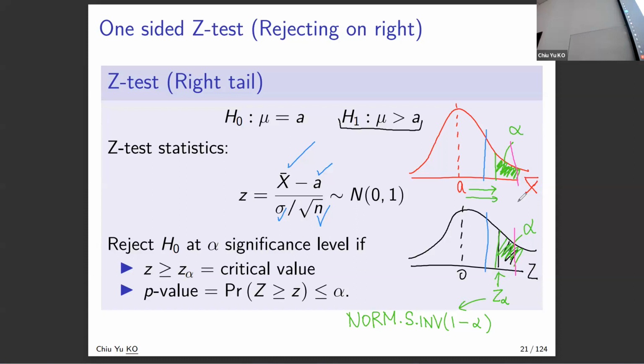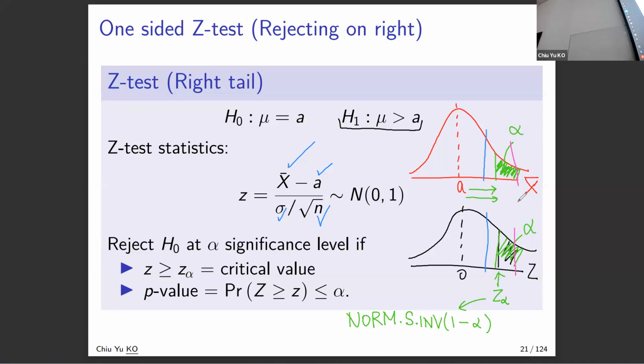Now, the next one is called the p-value. The p-value idea is very simple. Suppose the blue is your data. You can change the alpha, move around the alpha, such that this is just reject, in the case that the critical value is exactly the data you have.